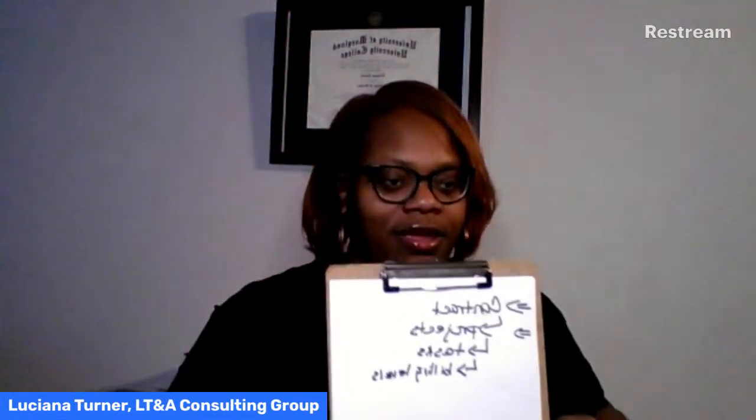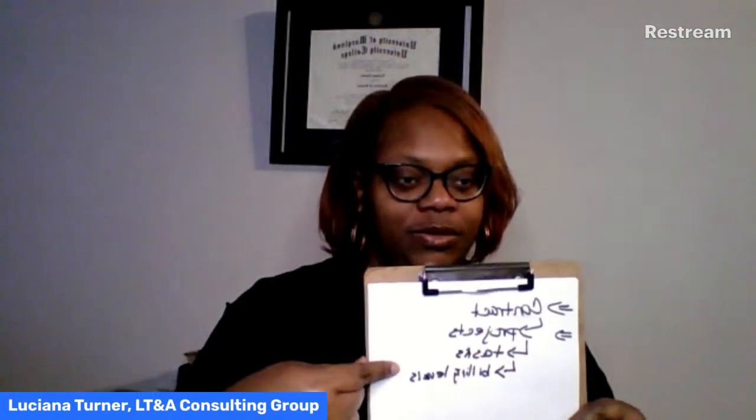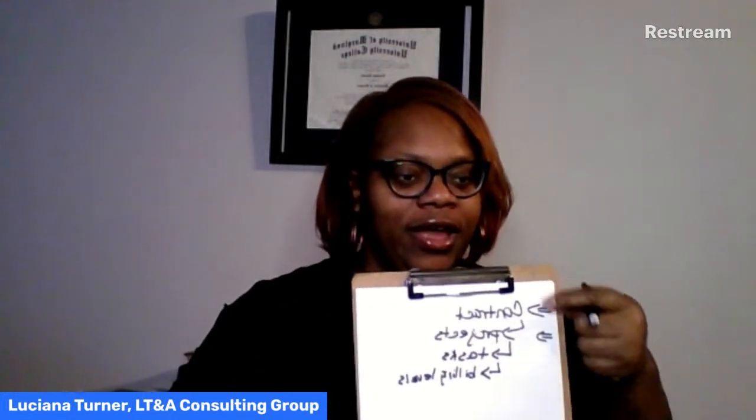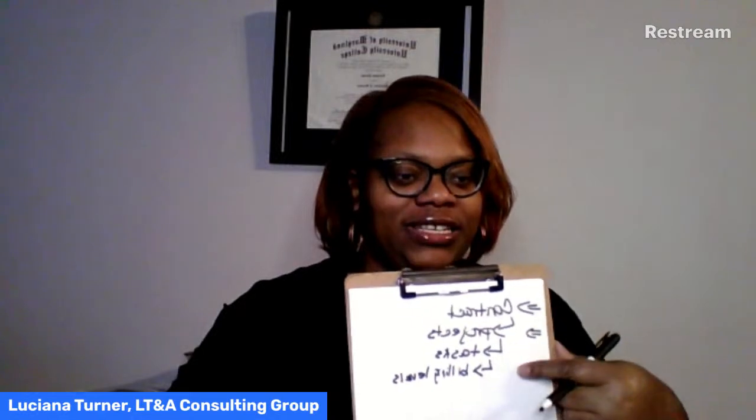And each task can have several billing levels. So in theory, I know this is inverted. So in theory, this is what your accounting system looked like: contract, project, task, billing.